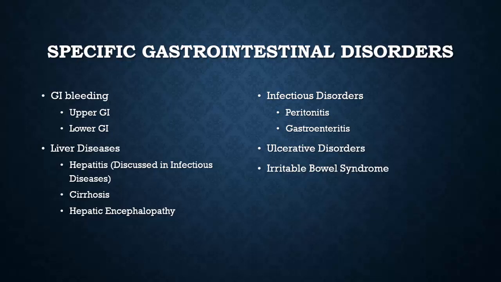NSAIDs, or non-steroidal anti-inflammatories, are a big contributor. Chronic use of these drugs is a big contributor to peptic ulcers. Acid stimulating products and also Helicobacter pylori are also common causes of peptic ulcers.